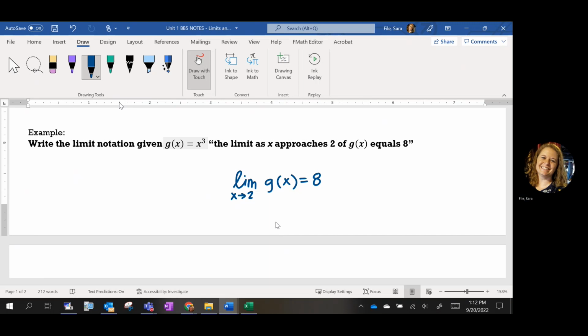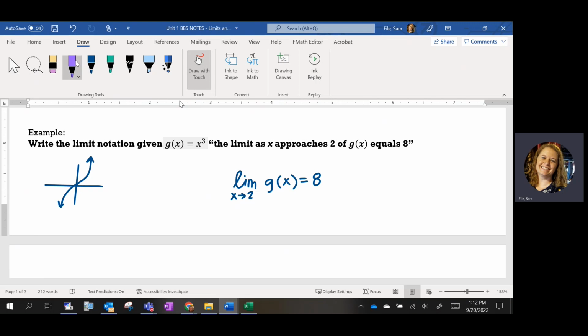Very good. And that's true, right? If we think about a cubic function, it comes through the origin with its point of inflection there. What this is stating is that as we approach 2, which let's say is here, our y value is approaching 8.